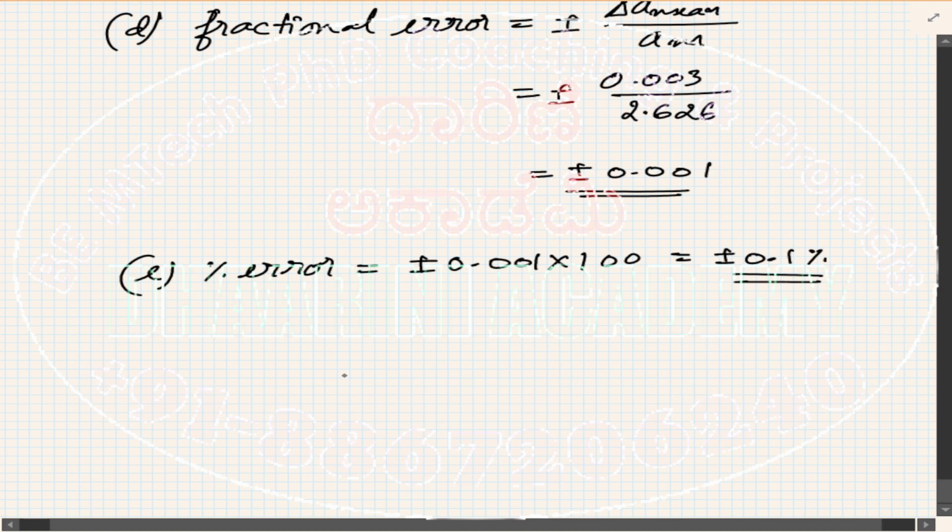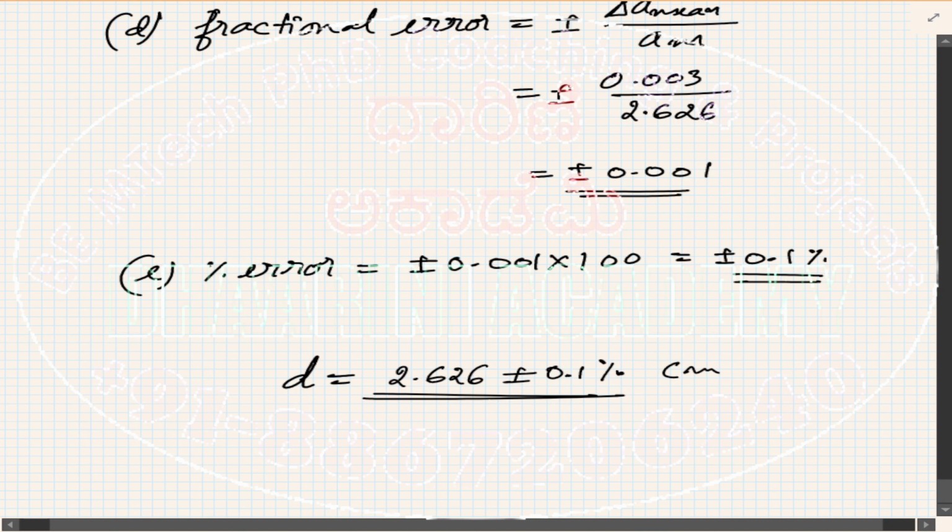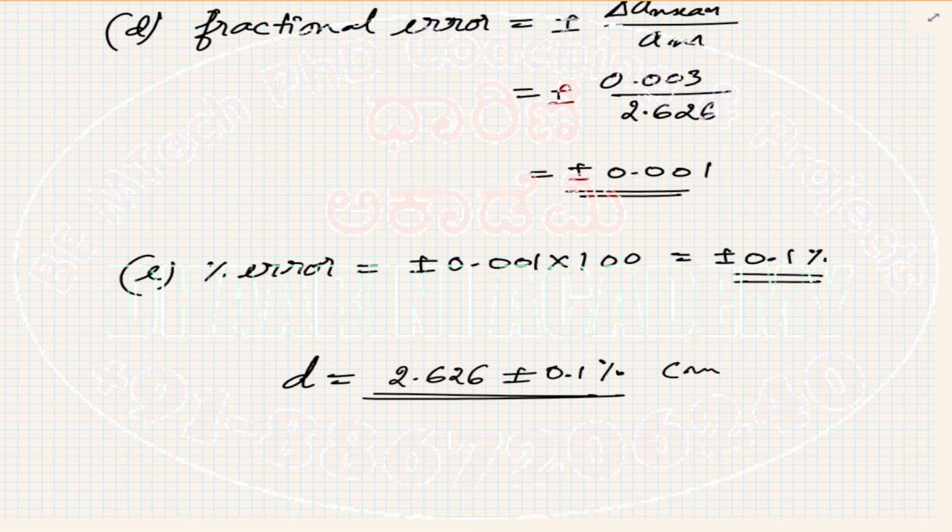This is not part of the question, but I'm trying to give a different view. If you want to convert 0.1% into the actual value, you divide by 100, because we multiplied by 100 to get a percentage.